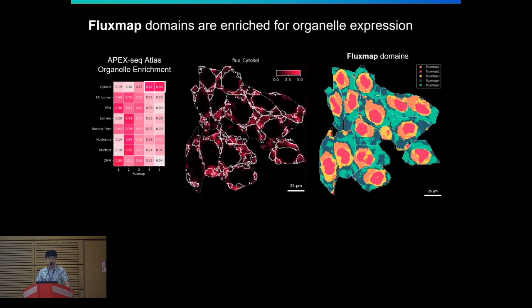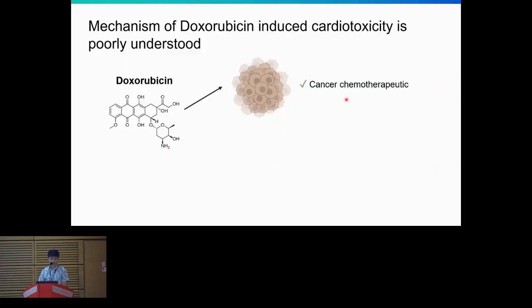So now we wanted to apply this to study cardiomyocytes, specifically doxorubicin-induced stress in cardiomyocytes. So very briefly, doxorubicin is a cancer chemotherapeutic, and it is extremely cardiotoxic when given as a treatment, meaning it has very strong side effects.